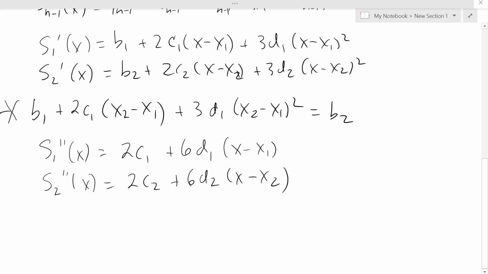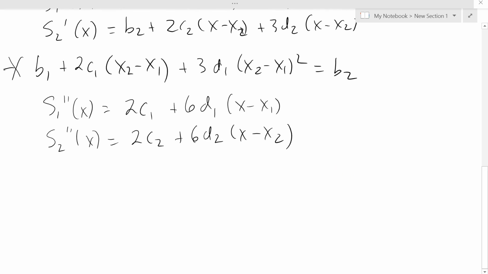Again, when we plug in x2, this piece goes away, right? Agree with that? So, in that case, what do we get? We have an equation that says, I'm going to put another star by this one: 2c1 plus 6d1 times x2 minus x1 equals 2c2.